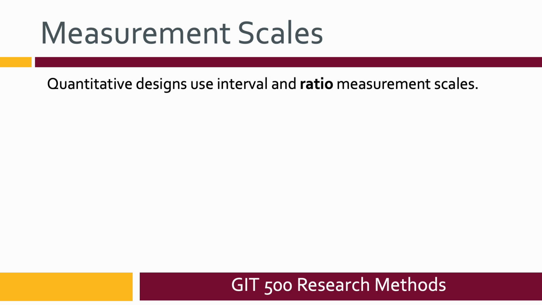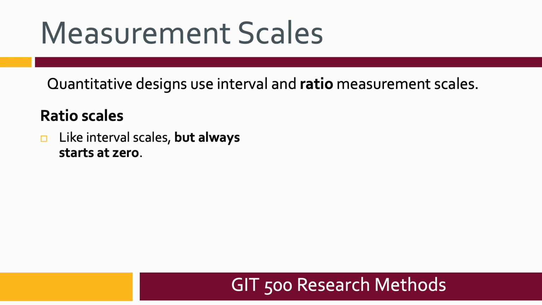The other quantitative design measurement scale is the ratio measurement scale. These scales are like interval scales, but they always start at 0. So they don't have that arbitrary beginning time. They always have to start at 0. This is because it allows for mathematical calculations more easily.